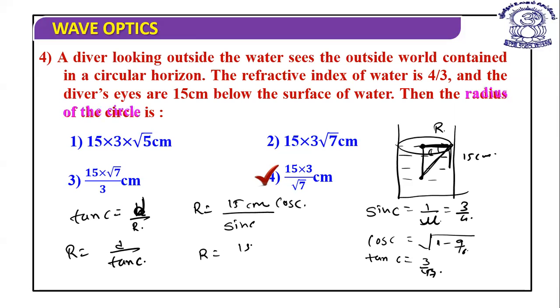So R will be equal to D tan C, if this angle is theta C. That will give us the answer 45 divided by root 7. So fourth option is correct.